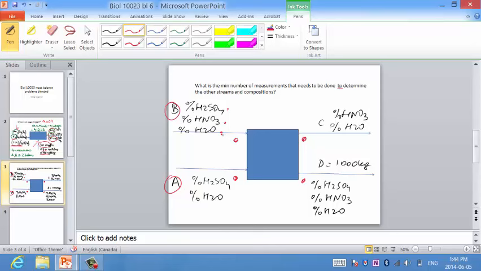For stream A, we have 2 components, sulfuric acid and water. For the output stream, we have component C with 2 components, nitric acid and water. The second output stream has a component D, which is equal to 1000 kilograms, with 3 components: sulfuric acid, nitric acid, and water.